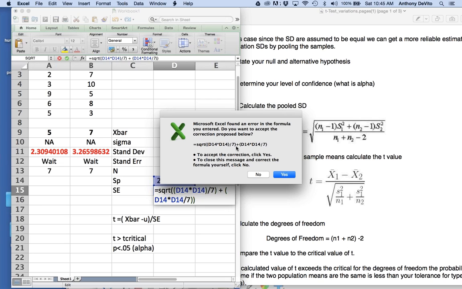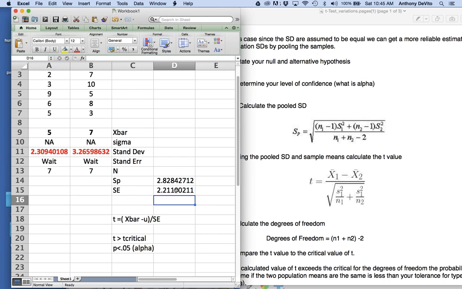I didn't find an error in the formula. Yeah, that looks, oh, no, I don't want that. Did I leave out a parenthesis at the end? Oh, it only needs a single parenthesis there. Well, let's give it a try.